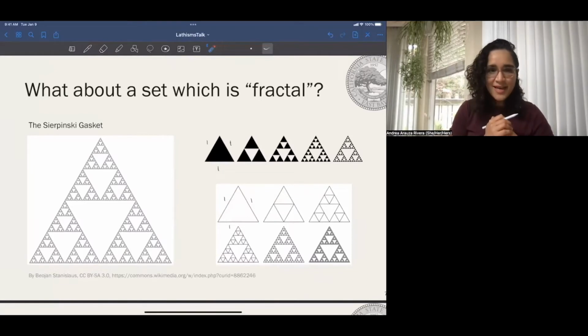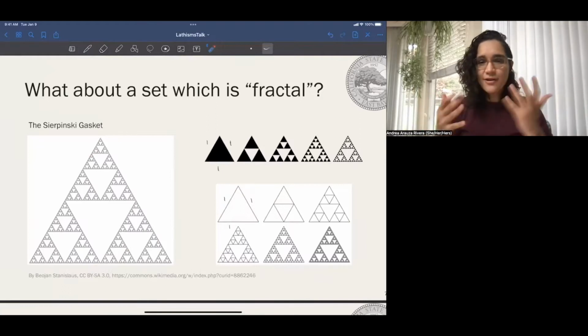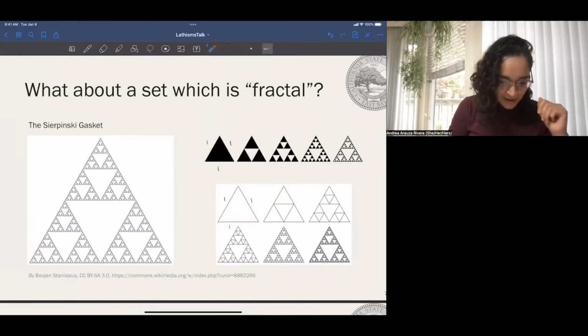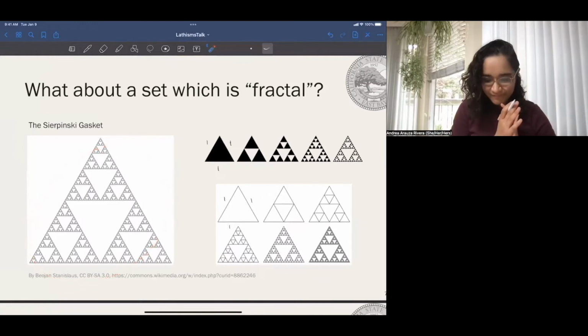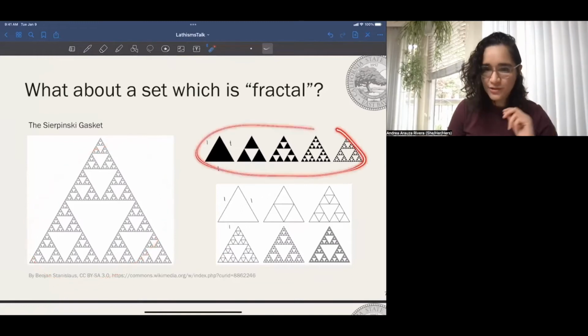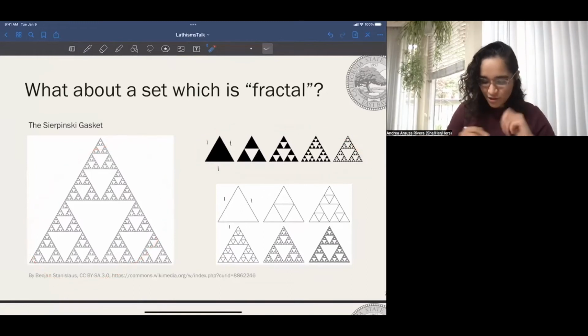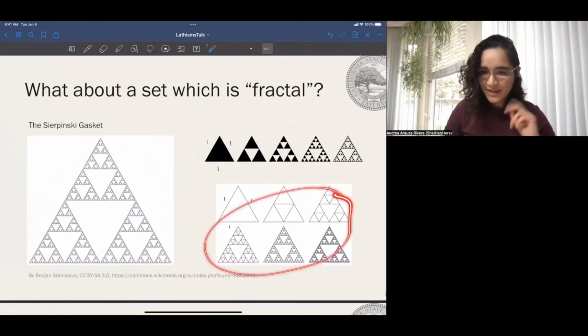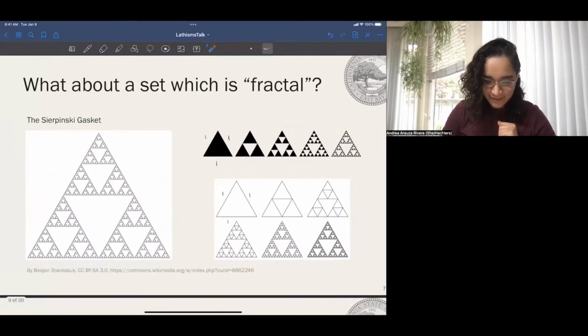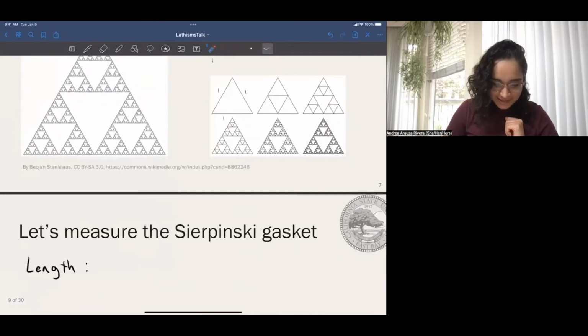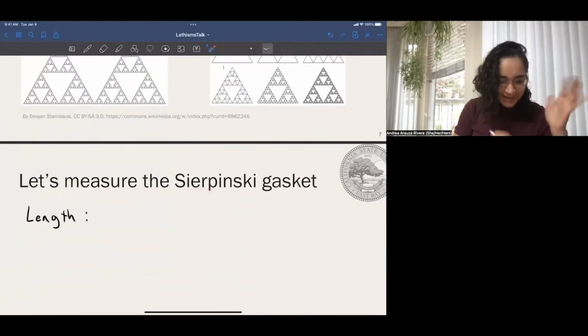Then, depending on what we get for length, we can also think about its area. What area might I get if I think about the area of the Sierpinski gasket? For that, this construction would actually be helpful. But let's go ahead and think about its length first and think about this construction. So let's measure the Sierpinski gasket, and first let's measure it with length.